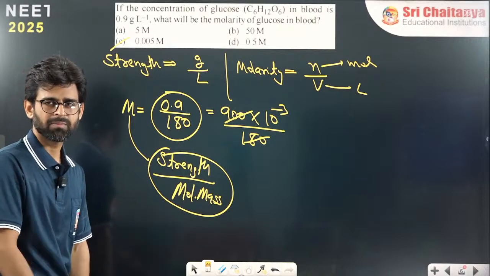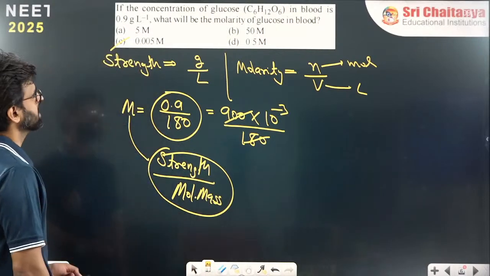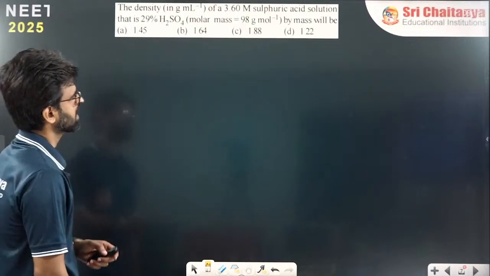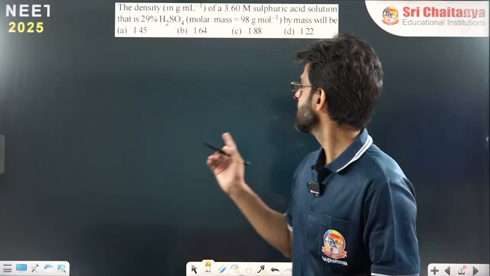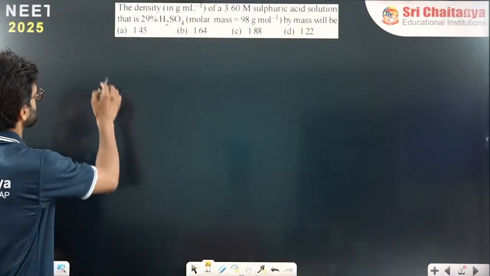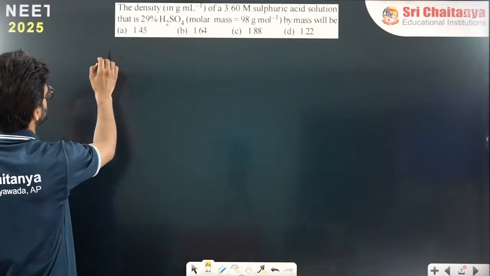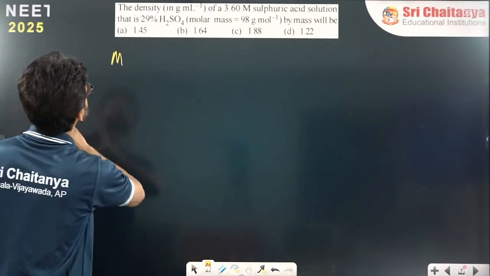You can remember this relation to do the direct questions, right? The next one: now they are giving a question in which they relate the weight by weight percentage with the molarity. Again, we have a short formula. These relationships are very, very important, okay? So here I am finding the molarity.